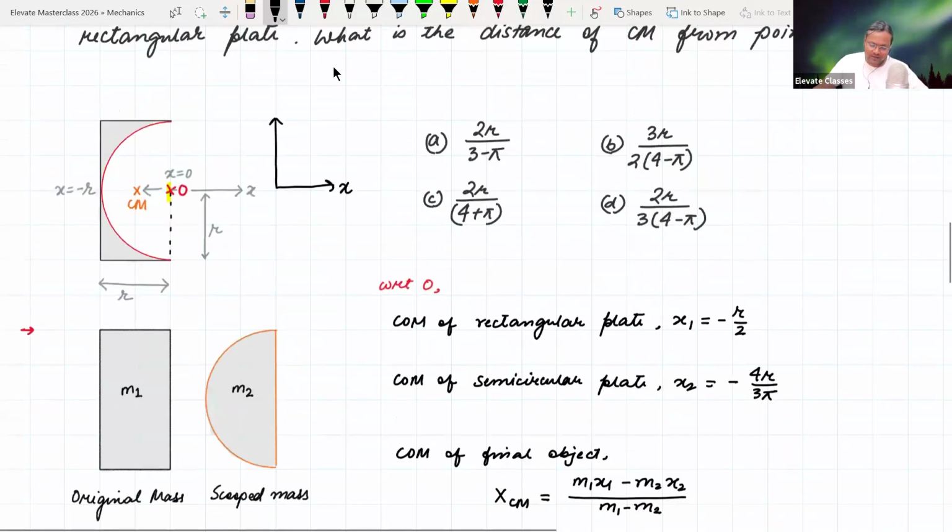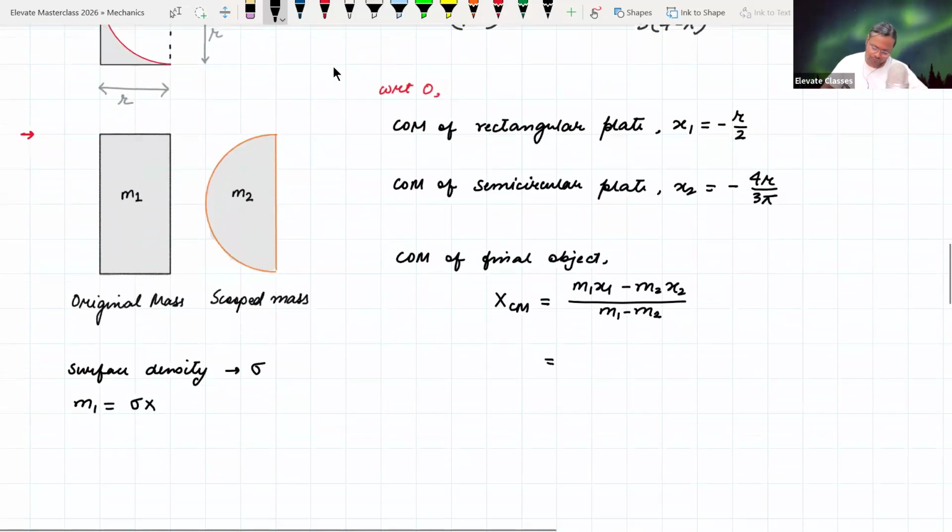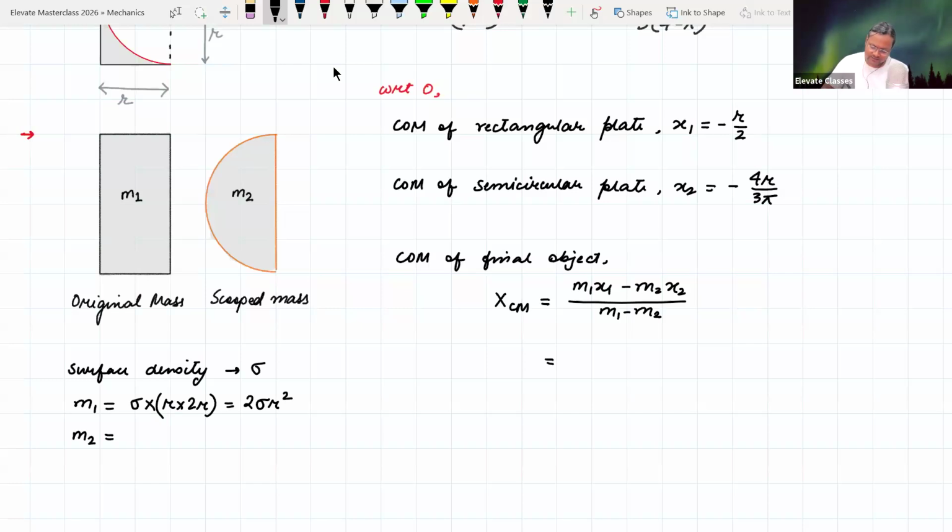The area of the rectangular plate is R times 2R, right? So this is equal to 2 sigma R square. And the mass of the semicircular plate is sigma times pi R square by 2, half pi R square. So this is equal to half sigma pi R square.